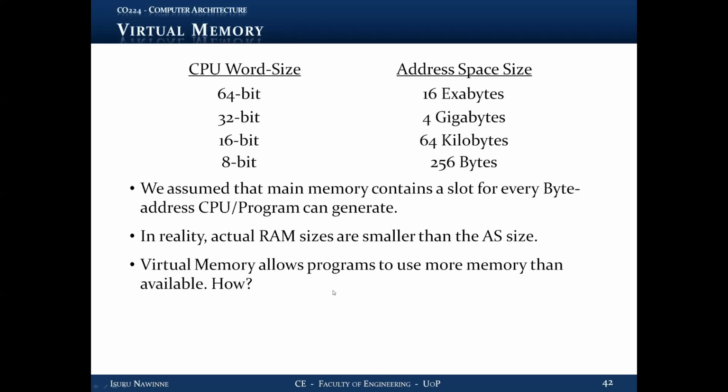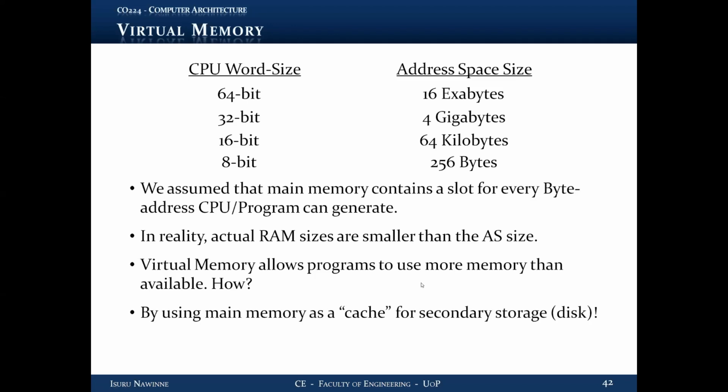How it is done is what we are going to learn. The core idea about how this can be achieved is by using the main memory as a cache for secondary storage disk. So far we've been talking about the concepts of caching for memory, where memory is the bigger entity, the universal set.